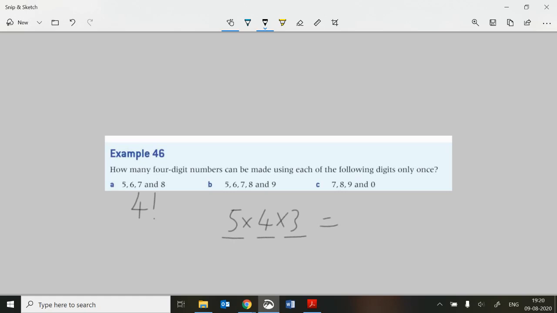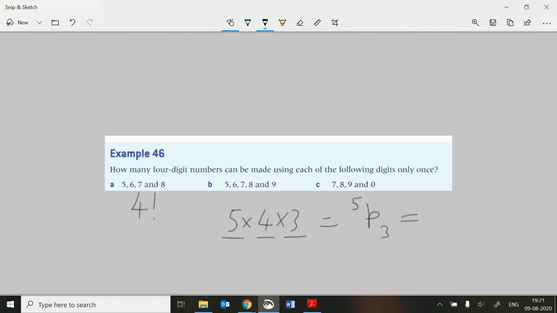Now, this is in fact called a permutation. So in permutations, the order matters, and we're choosing 3 things in this question. We're choosing 3 things to go into 3 spaces, and there is an order to those 3 things. So this would be what we call 5 pick 3. So this is permutations.